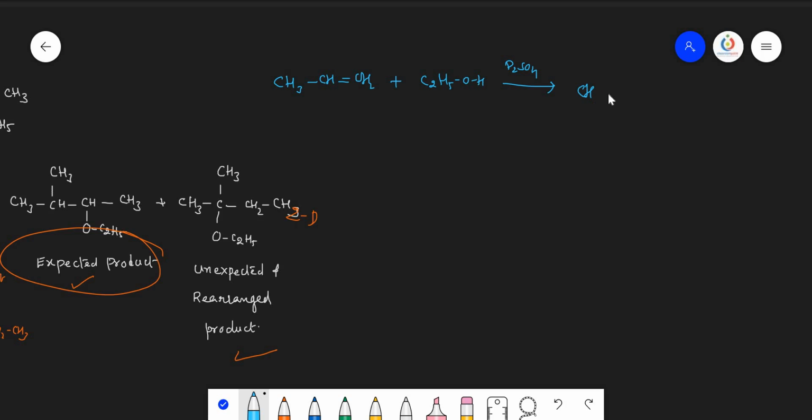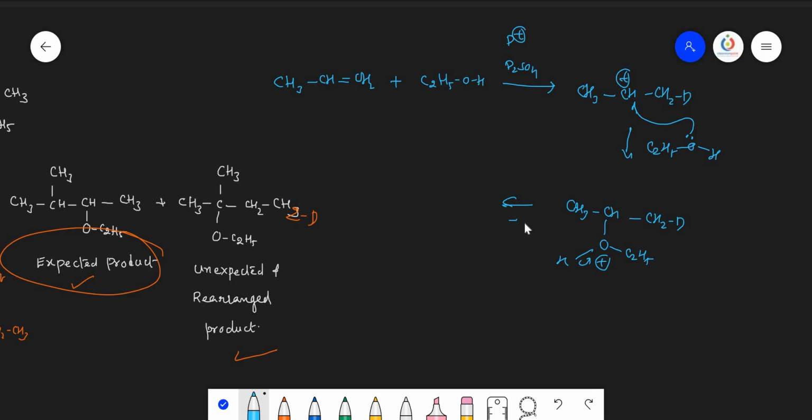So that's why here what happens: CH3, CH plus, CH2D, because here D+ ion attacks, and this one will be attacked by the C2H5OH lone pair of electrons, sorry, negative charge, lone pair of electrons. So the lone pair of electrons attacks from the alcohol part and finally gives CH3, CHO, C2H5, hydrogen plus, CH2D.